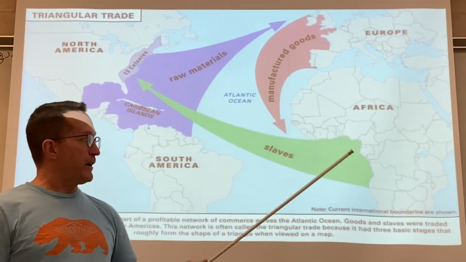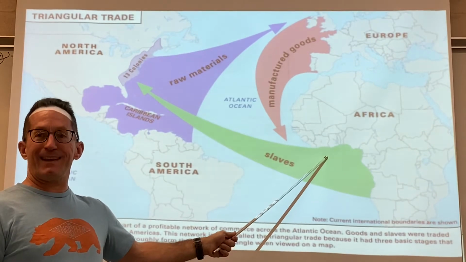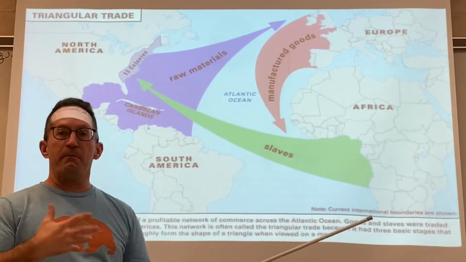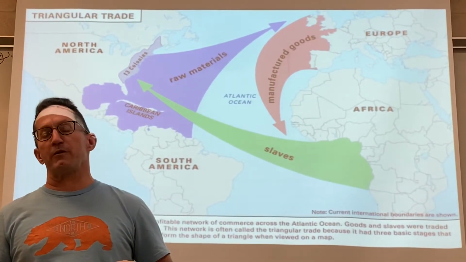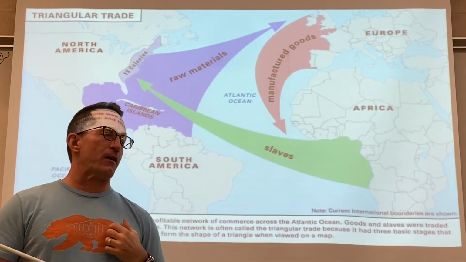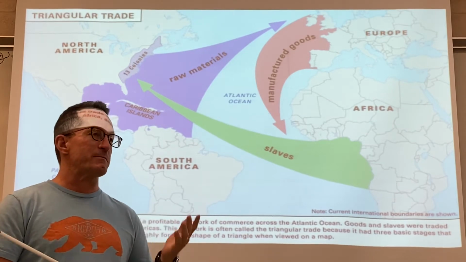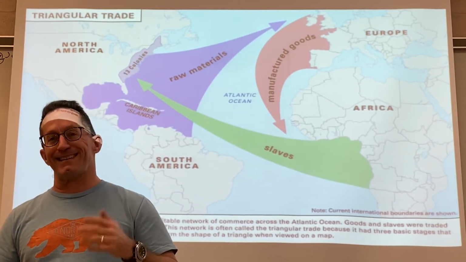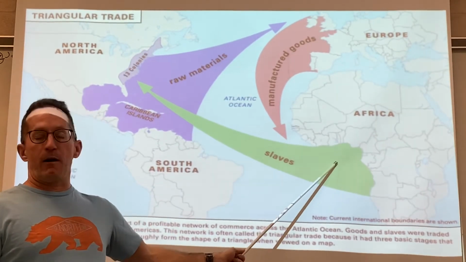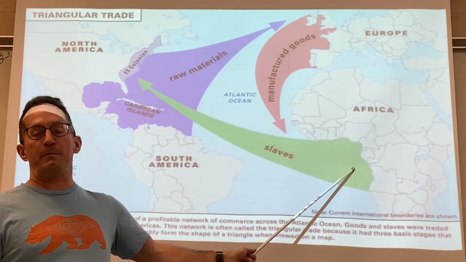Europeans would buy slaves in Africa using manufactured goods that weren't produced in Africa. So everything from cloth to mirrors to guns to machinery, farm equipment, etc. that would be imported to Africa and sold to people.